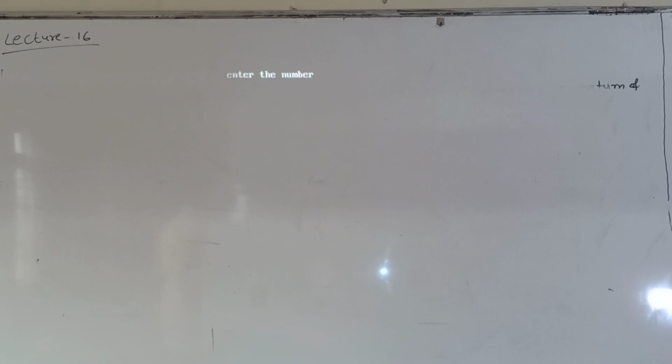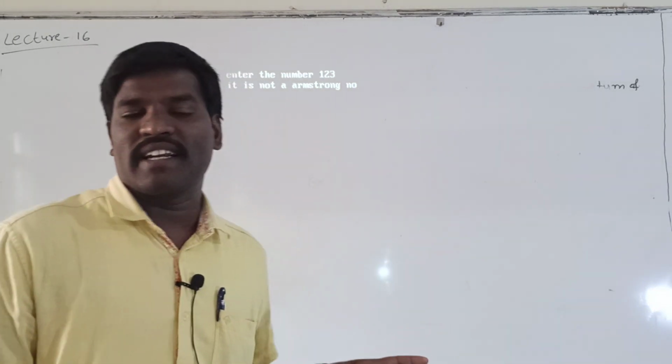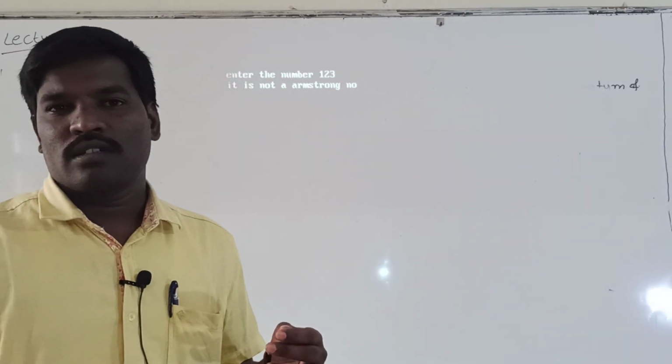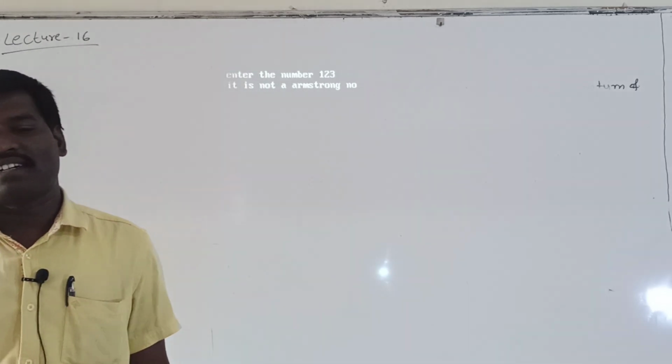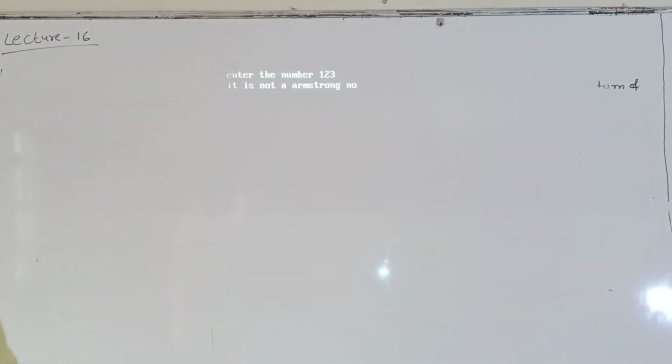See here, 123. It is not an Armstrong number because 1 cube is 1, 2 cube is 8, and 3 cube is 27. 27 plus 1 is 28. 28 plus 8 is 36. Okay, it is not an Armstrong number.